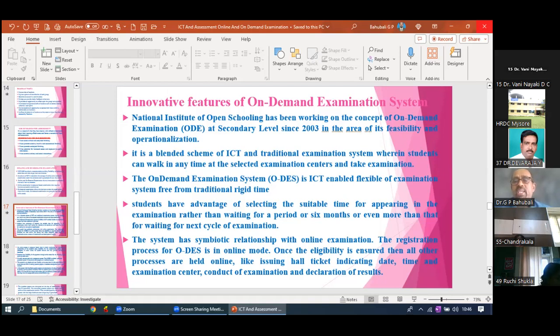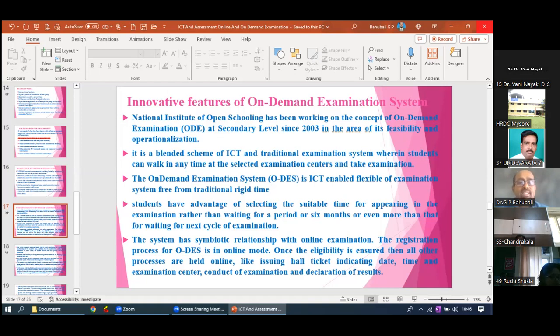How far it is feasible to use it. They have done much trial and error, experimental work on this, and they have even succeeded in using on-demand examination.